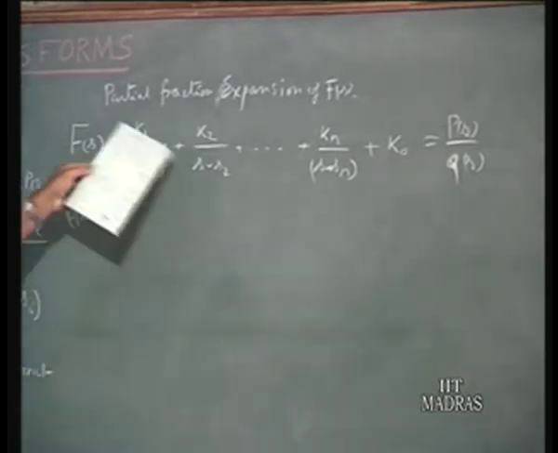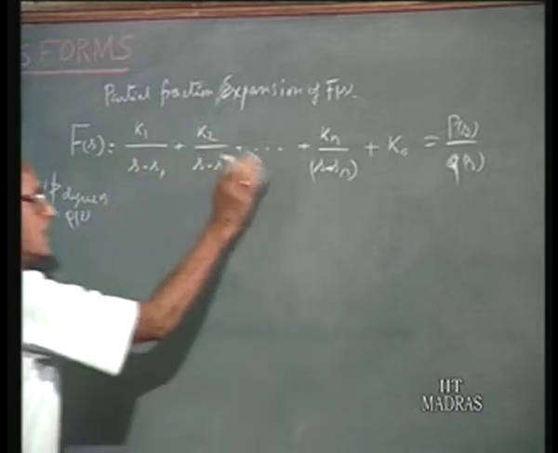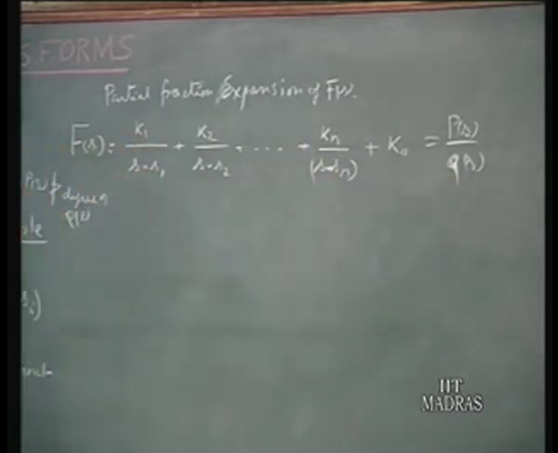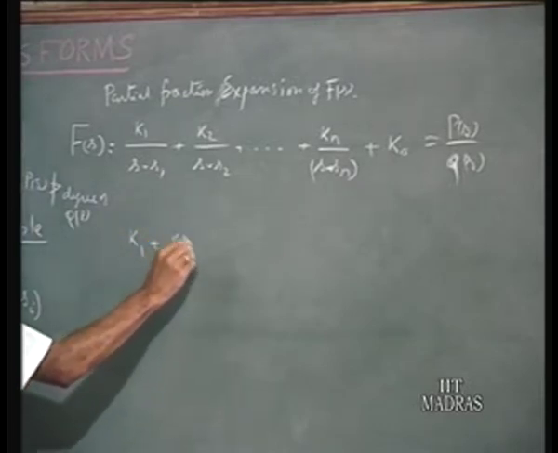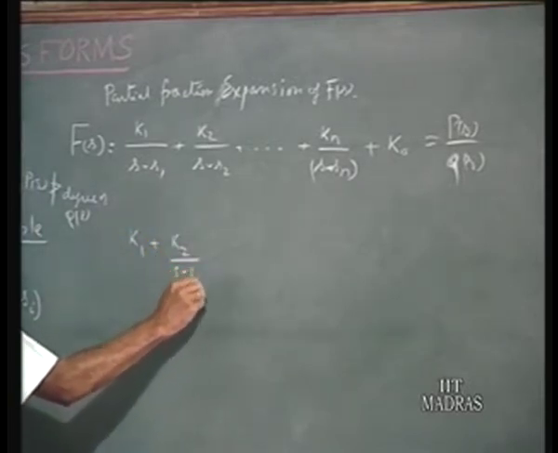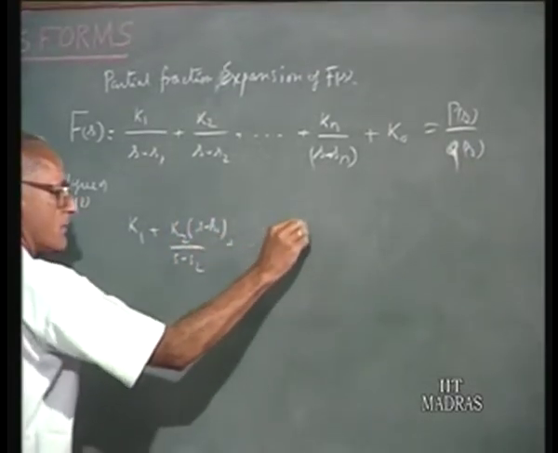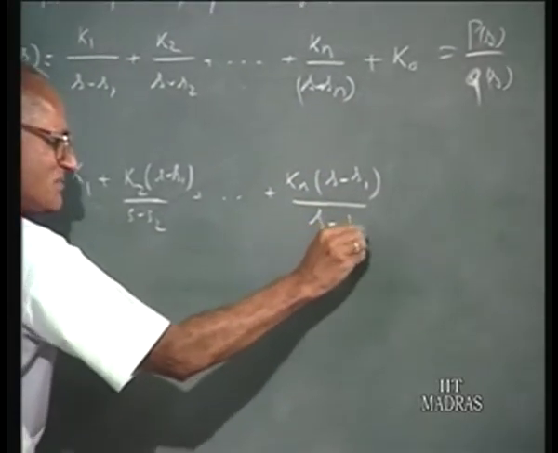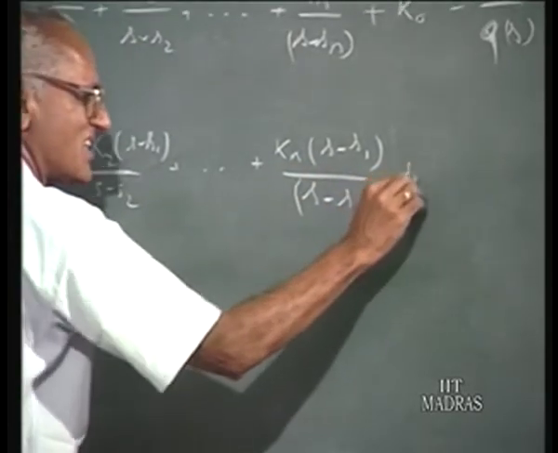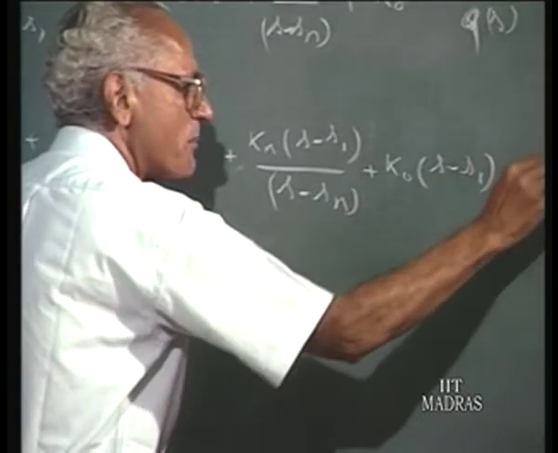Now, how do we find the values of k1 to kn? You observe, suppose I multiply both sides of the equation by (s minus s1). Then I get k1 plus k2 times (s minus s1) over (s minus s2), and so on, plus kn times (s minus s1) over (s minus sn), plus k naught times (s minus s1), equals P of s times (s minus s1) over Q of s.